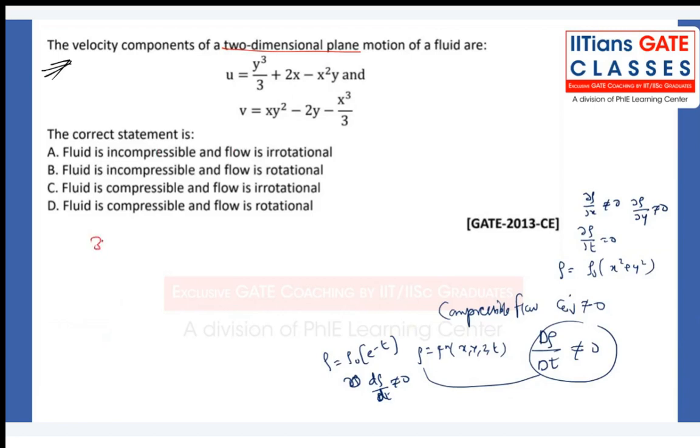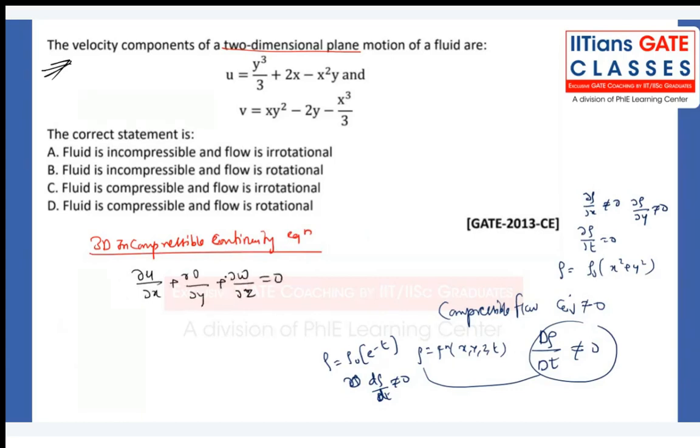3D incompressible continuity equation. What is that? Dou u by dou x plus dou v by dou y plus dou omega by dou z. If it is equal to zero, directly we have to assume that it is nothing but incompressible flow of incompressible fluid.